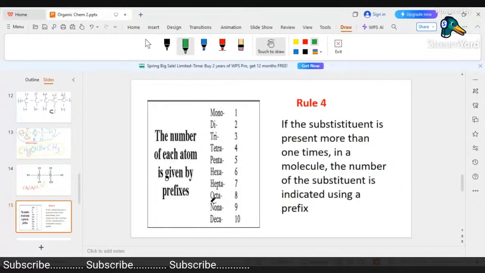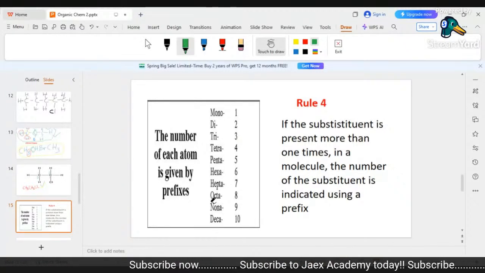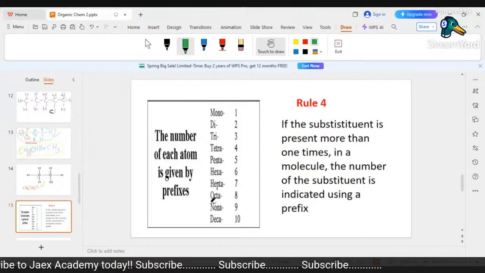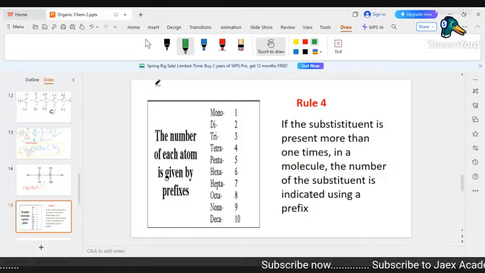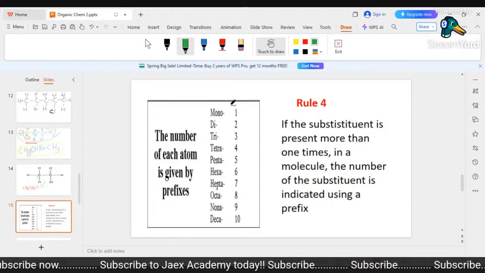Moving forward, rule number 4. We didn't talk about rule number 4 in our last class. So we said if the substituent is more than 1 time, we should indicate by using a prefix. So listen to me, everyone. One is known as mono.